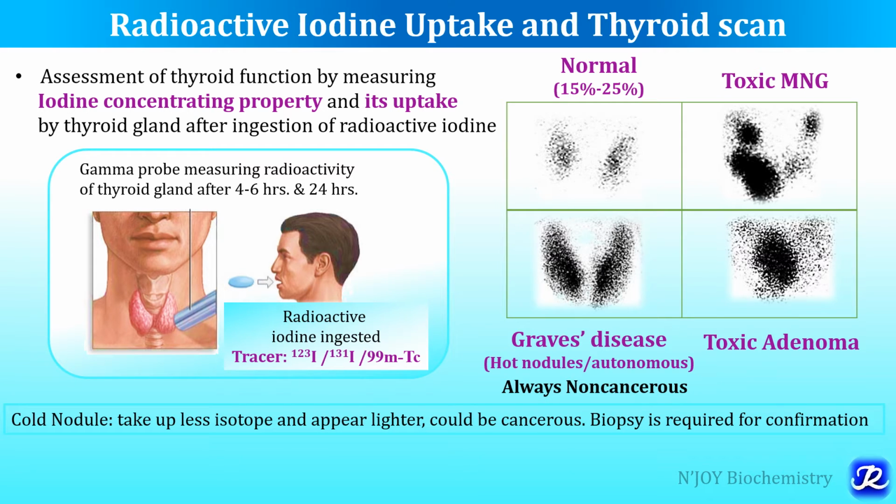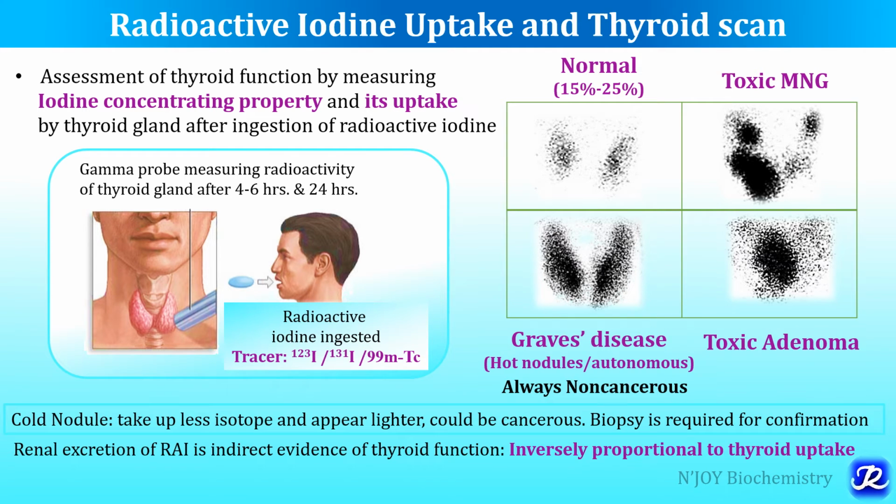What is a cold nodule? A cold nodule takes up less isotope and appears lighter, and it could be cancerous. Radioactive iodine uptake cannot differentiate between benign and cancerous lesions, and that's why biopsy is required for confirmation. Renal excretion of radioactive iodine is indirect evidence of thyroid function, which is inversely proportional to thyroid uptake.